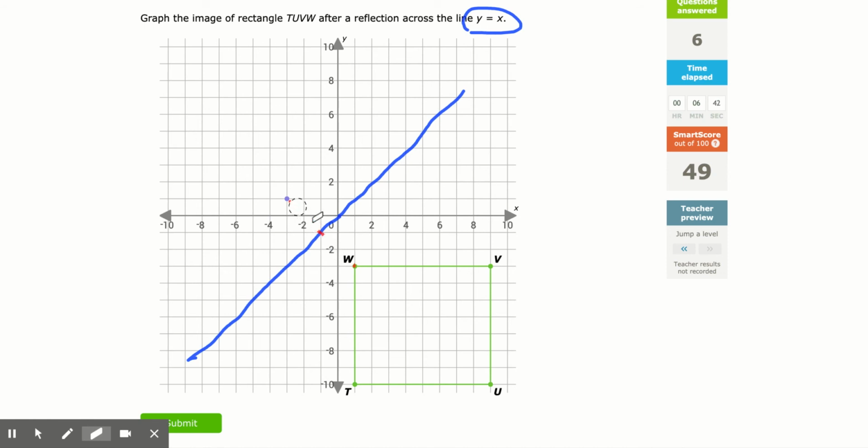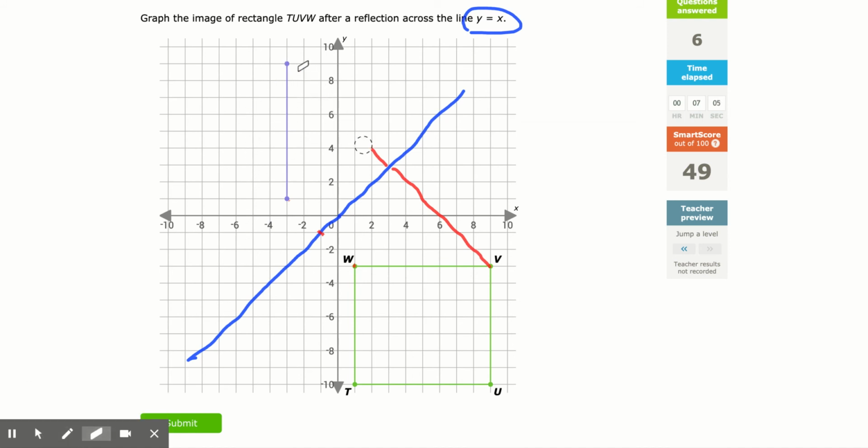That's really the best way to go about doing this one, just taking the time to go 1, 2, 3, 4, 5, 6. So this next point will be right there.